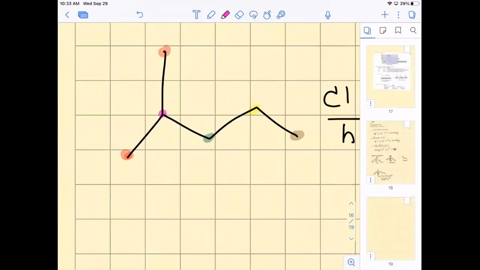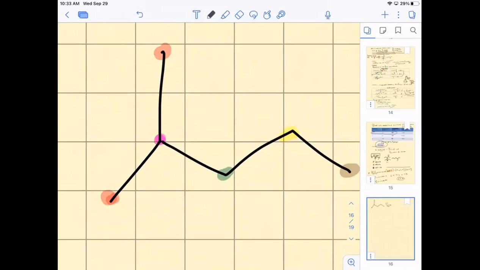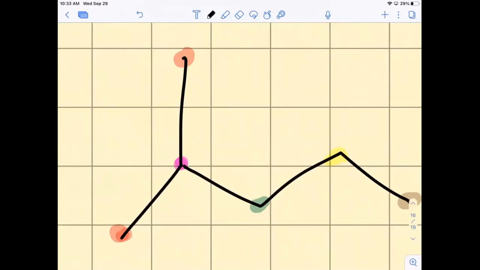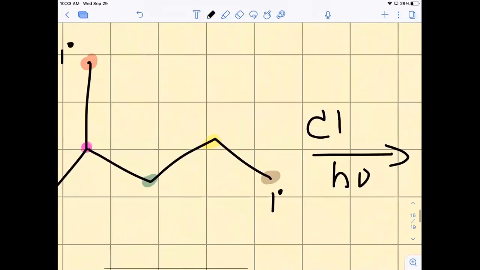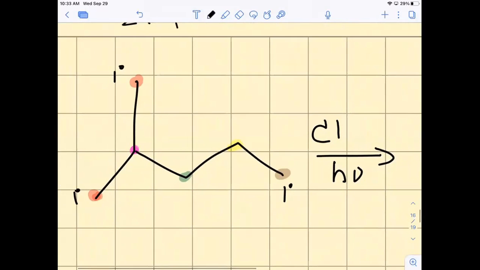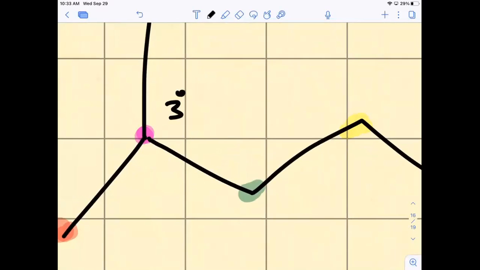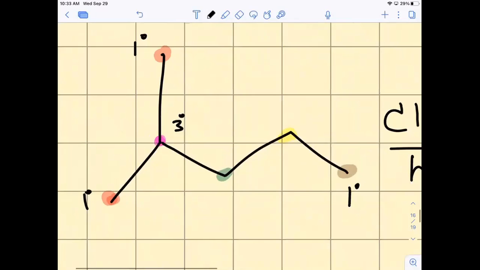Where are my primary carbons? On the ends, the terminal ones. That's primary, and this is primary. And you can also see the pink one is tertiary, because that carbon is bonded to 3 other carbons. Can y'all see that?